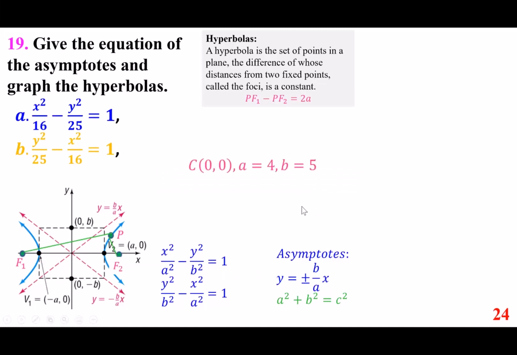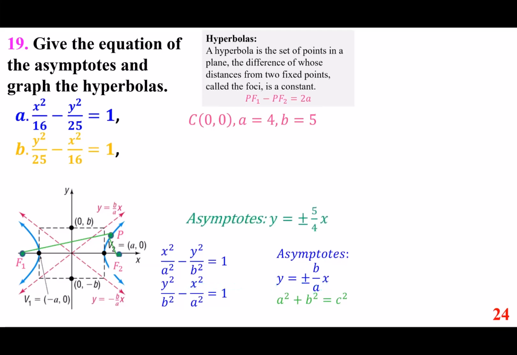So centered at 0, 0, A equals 4, B equals 5 again. Asymptotes plus minus B over A, 5 over 4 x. That's the case for both, in fact.